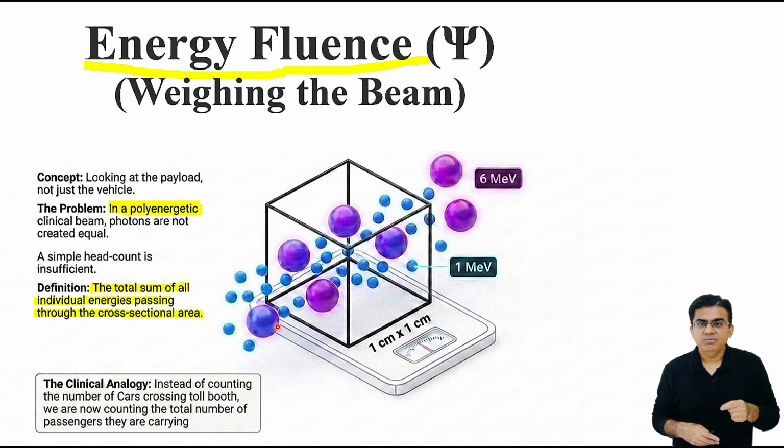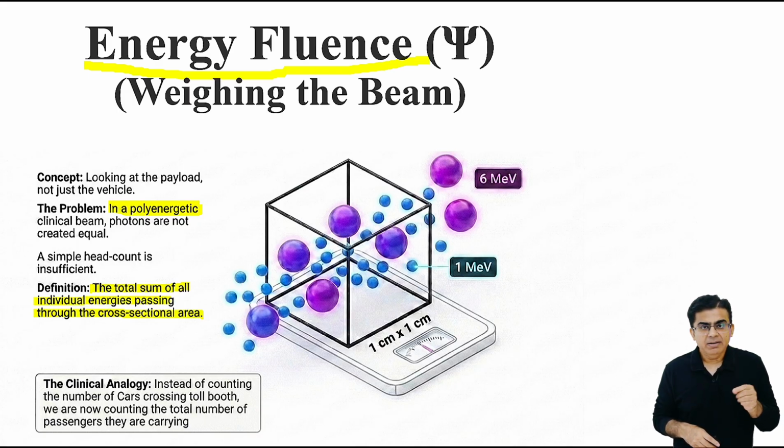This is the step we previously called weighing the beam. Let us go back to our car analogy to make this very simple. In a polyenergetic beam, some cars are small, some are very large. Counting the cars at the toll booth does not tell you how many people are actually arriving.